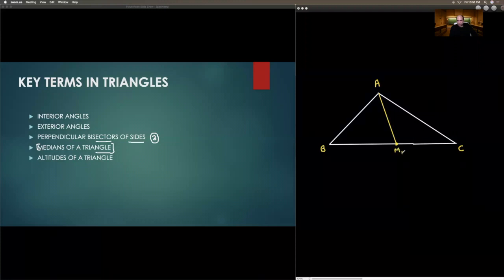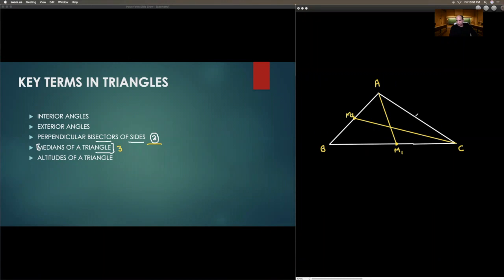A. And just like there were three instances of the perpendicular bisectors, there are three instances of the median also on every triangle. So if I connect this point, which is, let's say, M2, midpoint of AB, to C, this is my second median.